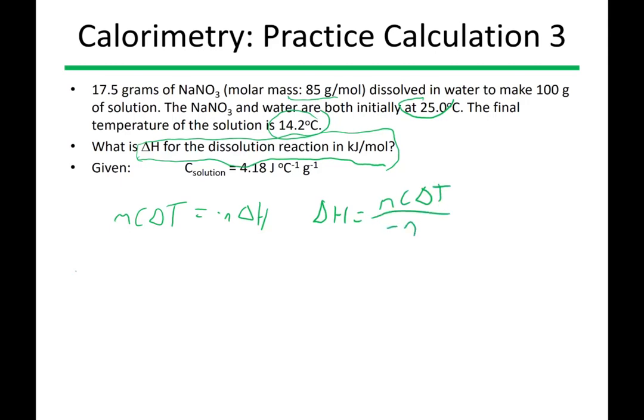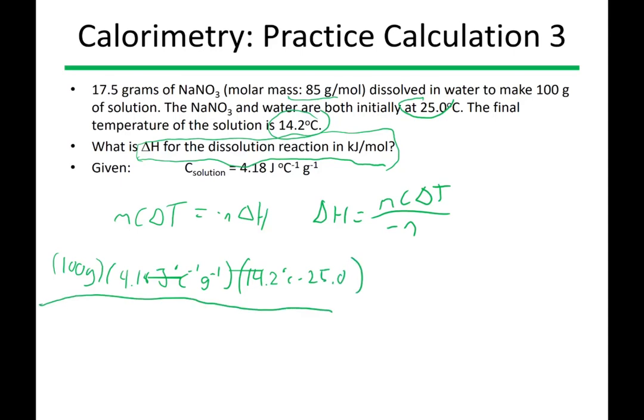And then plugging everything in for the mass of the solution, we have 100 grams. The heat capacity of the solution, 4.18 joules per degree Celsius per gram. The delta T, so this would be our final, 14.2, minus our initial, 25.0, over negative moles.